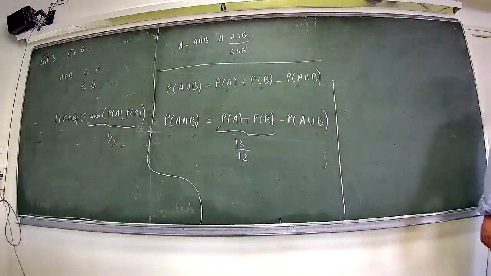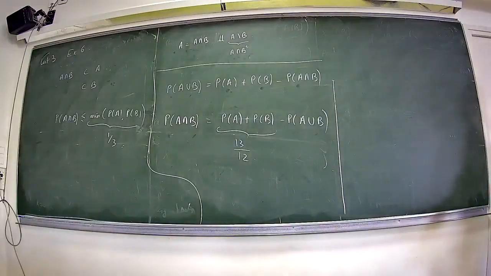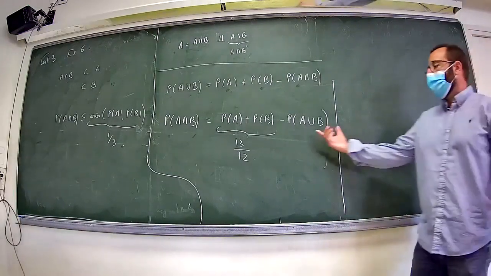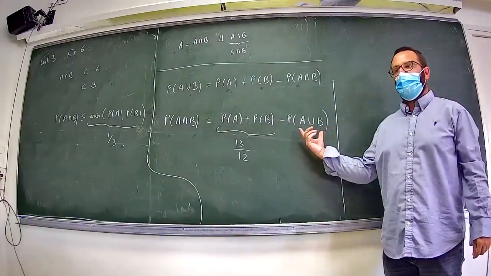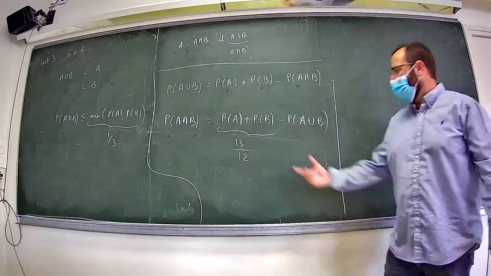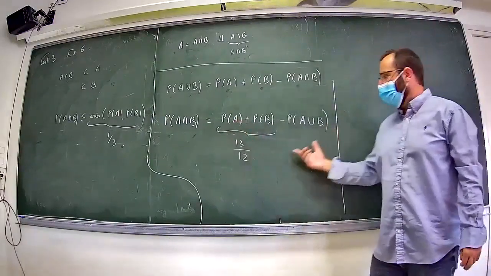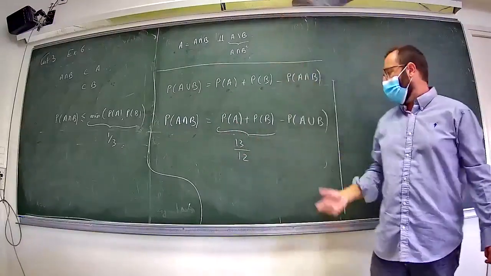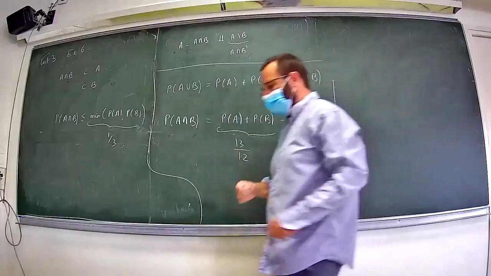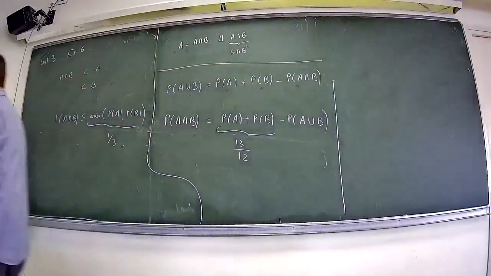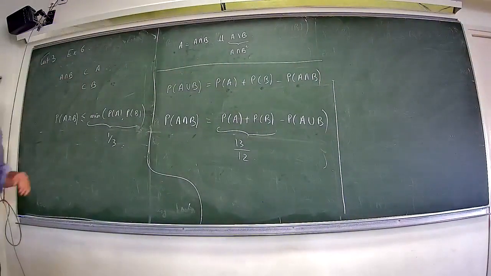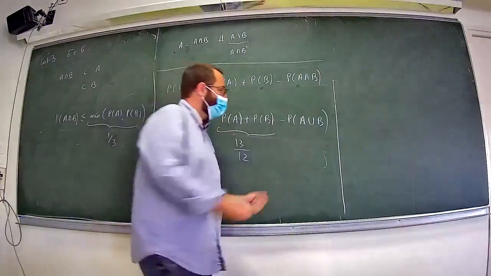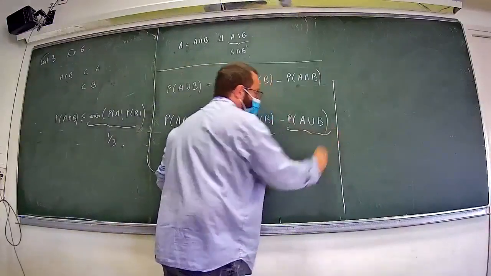I can say nothing about my statement. I have nothing with the union, but I know that I have a probability here. So if I want the maximum of this number, I want it to be greater than, I have to take... So what can I say about this probability here?